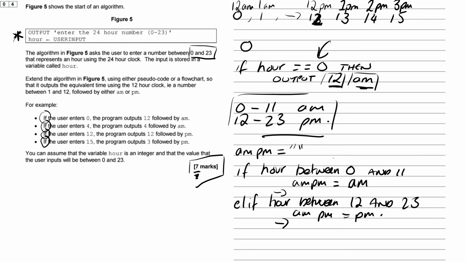So we could just directly then output hour plus AM PM. Okay, now we could put their string in front of that, but because it's pseudocode, it doesn't really matter at this point, but you might want to put that in just as an extra.